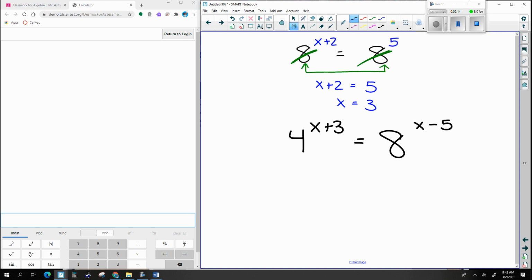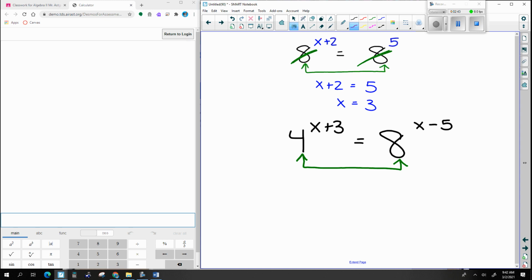Now, what I notice about these base numbers is these bases are not the same. 4 and 8 are obviously different numbers. But I still want to do it how it's shown above. So I've got to think about whether 4 and 8 have a different similarity besides just being the number itself.